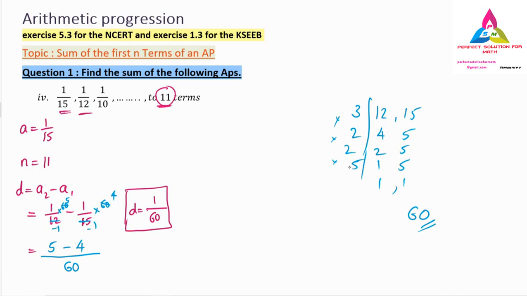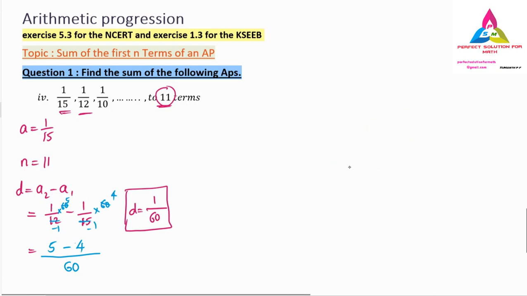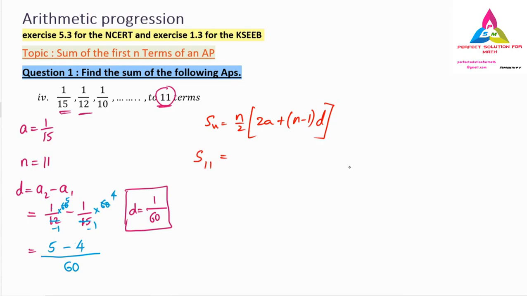Remember, this is a calculation you must remember. The next part is to find Sn. How to find Sn? You know the formula. Sn is equal to n by 2 into 2a plus n minus 1 into d. Here one thing to remember: the n value is 11, so we write S11, and here also 11 by 2 into 2 into the a value, 1 by 15.